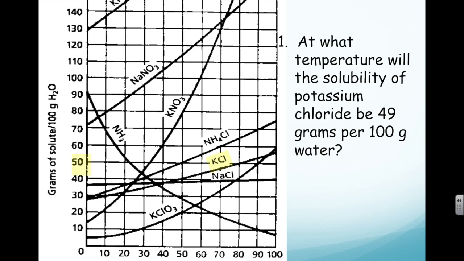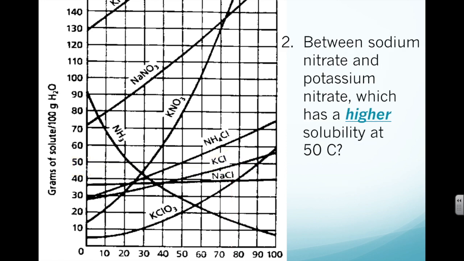Well, that's about 50, right? So, I'm going to draw my imaginary line around 49 grams. And then I'm going to try to find that temperature at which it intersects KCl. So that would be this line right here. So what temperature would that be? Oh, well, that would probably be about 78 degrees Celsius.